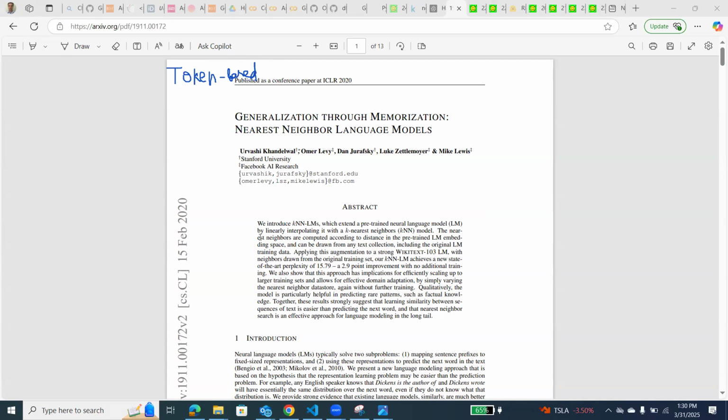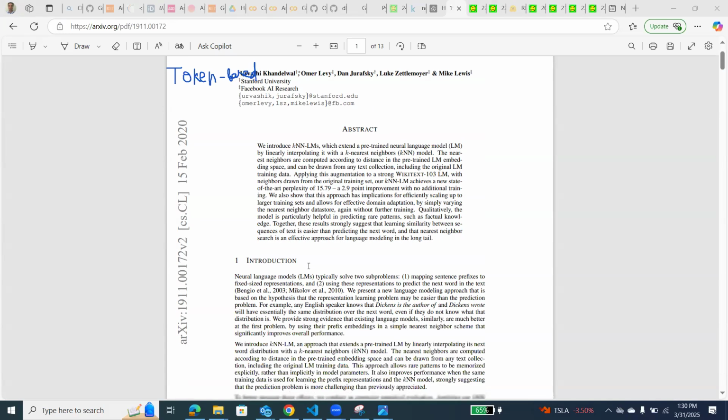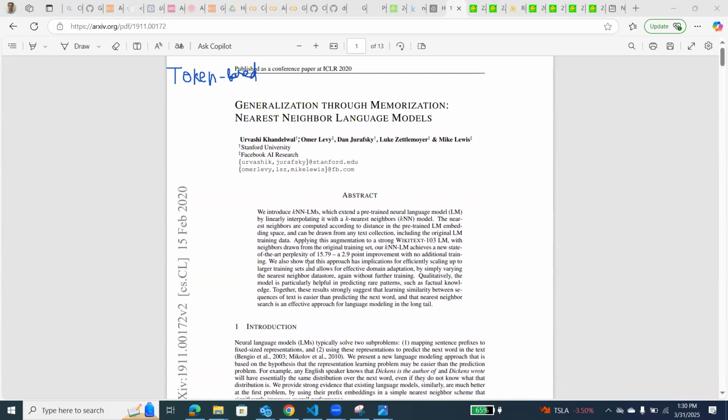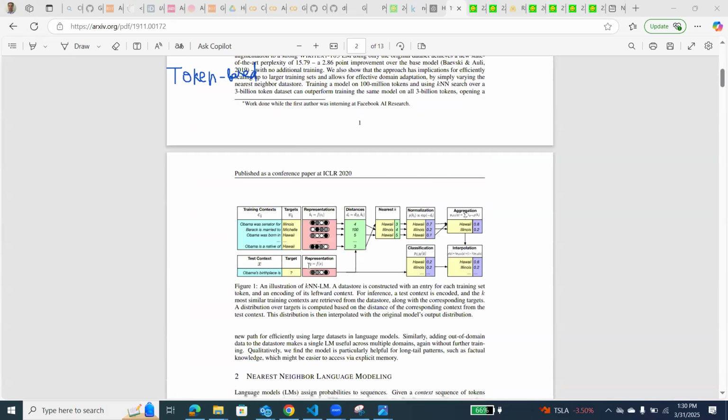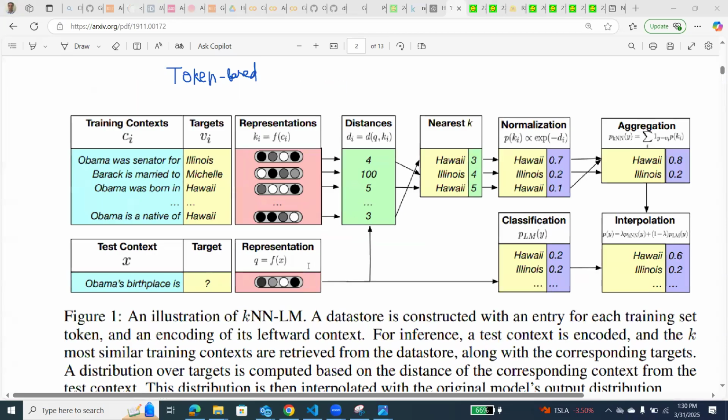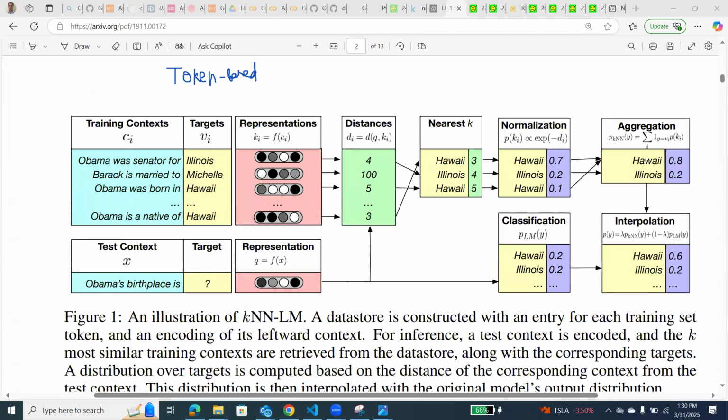So this is the paper Generalization through Memorization: Nearest Neighbor Language Models. This was the first approach, 5 years ago, in 2020, which is not used now, but it's kind of the paper on top of which other models were built.